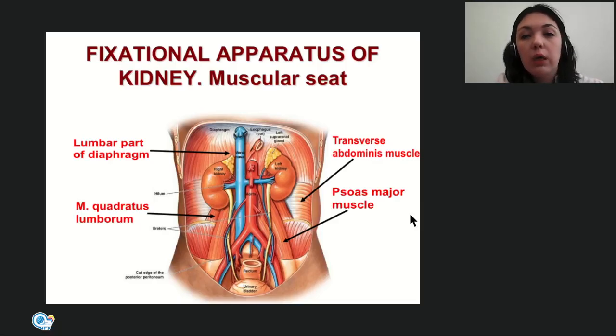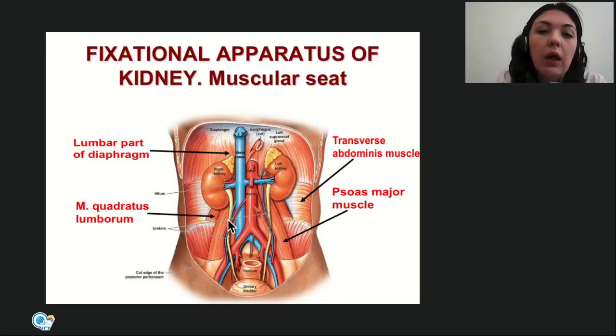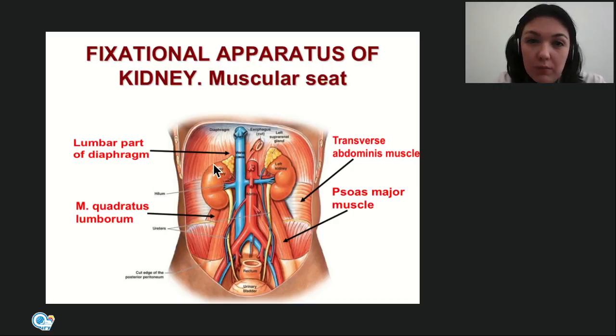There were also special ligaments, for the liver, for the stomach, which provided fixation of these organs. Kidneys, as well as ureter, are retroperitoneal organs, so they are covered by peritoneum from the anterior side only, but they also need a fixation.